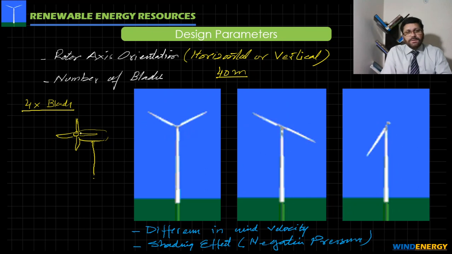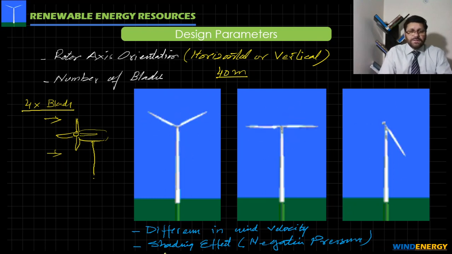So in a four blade wind turbine again these two problems would be there. The difference in velocity at the tip of the top blade and at the tip of the lower blade is going to differ. So there is a difference in wind velocity, and if by any chance there is no difference in the wind velocity, there is going to be the shading effect.